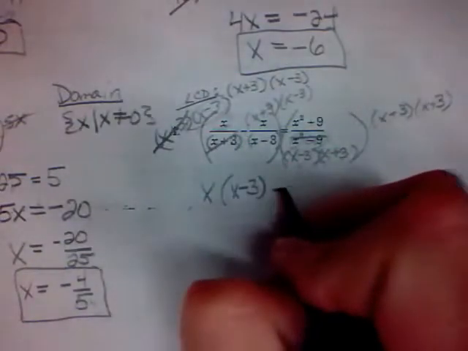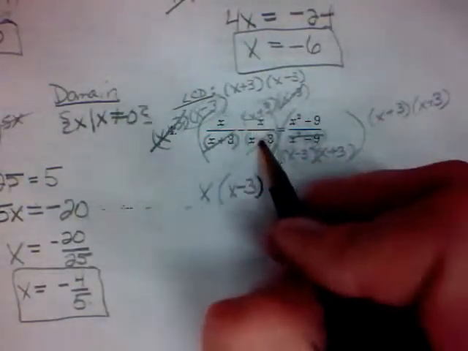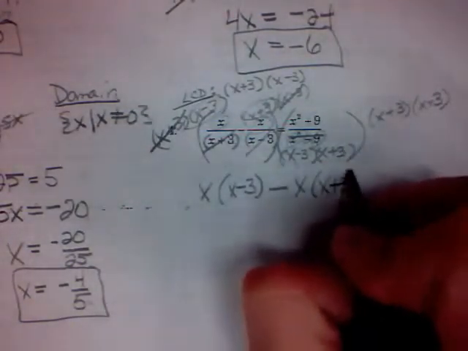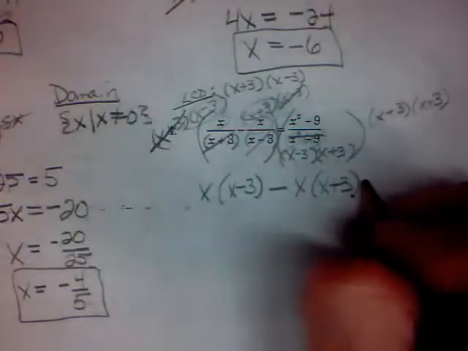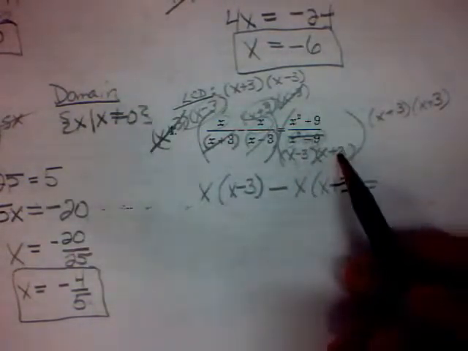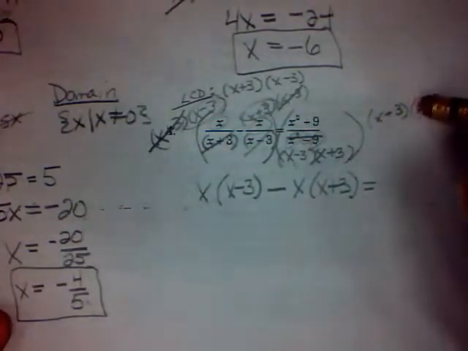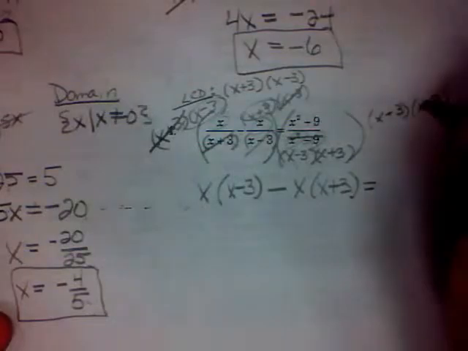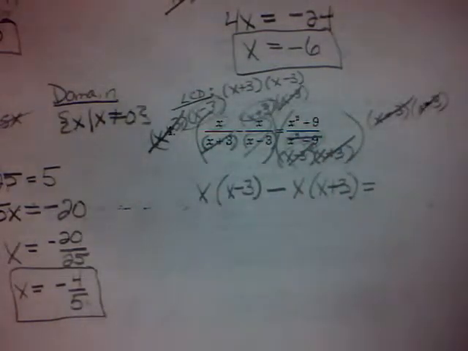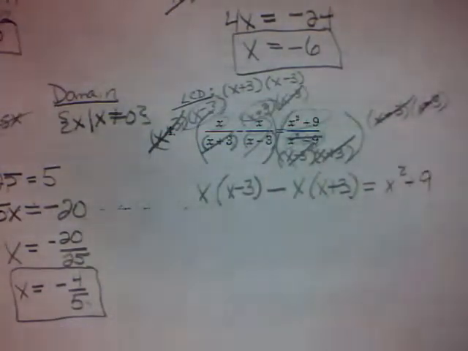Then we have a minus here, and then this x minus 3 cancels with this x minus 3, which leaves you with an x plus 3 and an x. So this is x times x plus 3. And then on the other side, we have an x minus 3 and an x plus 3, and that's what we're multiplying by. That's a minus there. So this cancels with that, this cancels with that, which just leaves you with the x squared plus 9.